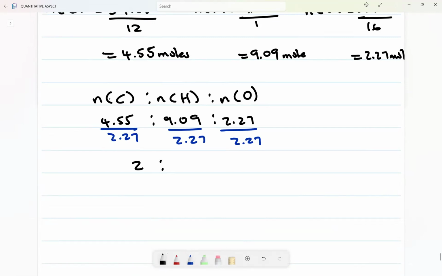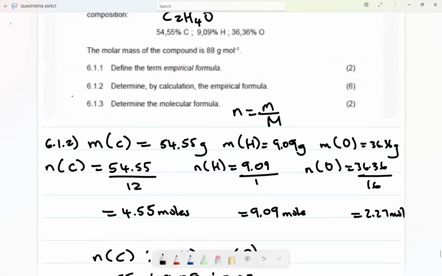Then 9.09 divided by 2.27, divide, not plus, gives something like 4.004. So this is 4, and then this is 1. Therefore, my empirical formula is going to be C2H4O. Let's check if I was correct.